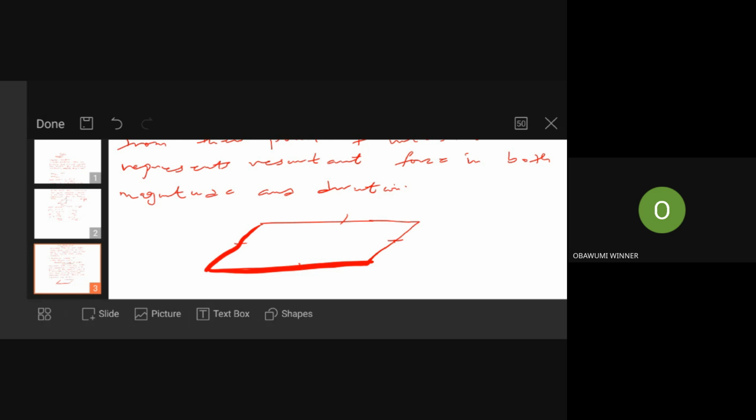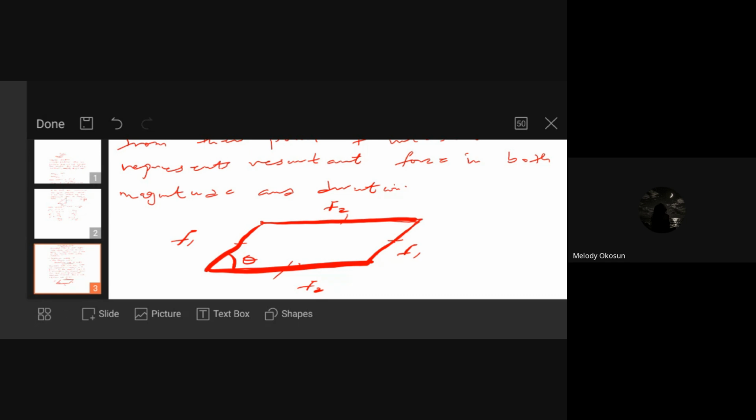These vectors can be shifted in space by completing this parallelogram. So this side, I can move it to be completed like this, and this side, I can equally move it this way. So if here is F1, here also is F1. If here is F2, this point also is F2. So I have two forces inclined at an angle theta.